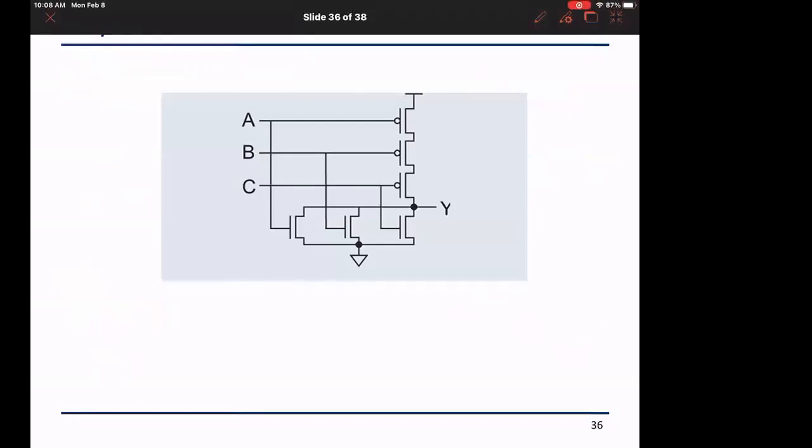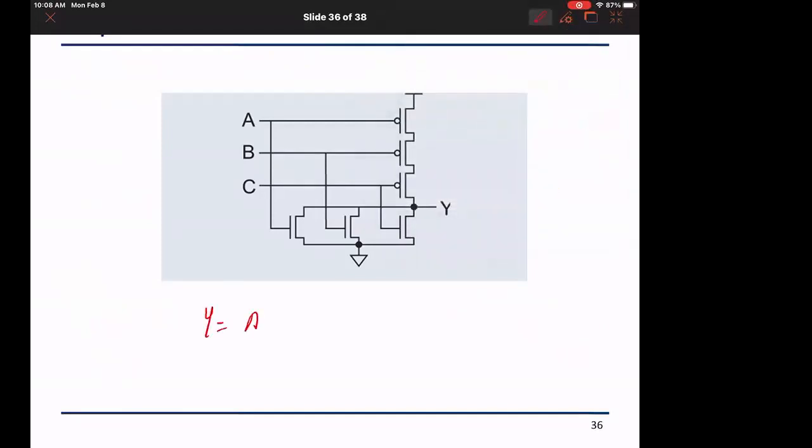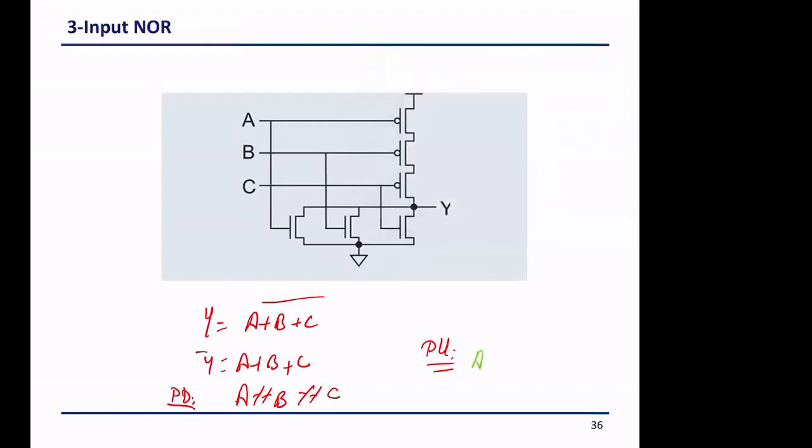So the function here is y equals to A or B or C bar, which means y bar equals A or B or C. The pull down is A parallel to B parallel to C, and the pull up is really A series with B series with C. So you can see here you have 3 transistors in series, and the input A is going into the different N and P devices. Okay, so this is very basic revision.